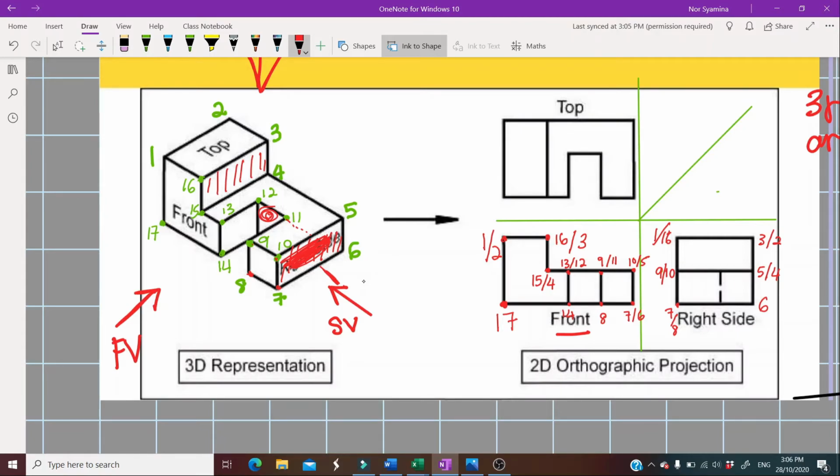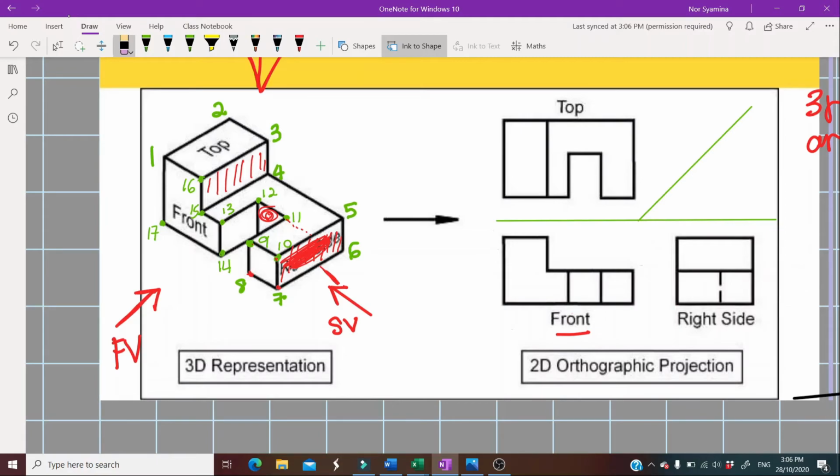So from here, from top. Okay. Let's say if you don't want to label each and everything, what we can do is we can project all the lines that are involved in one view to help us to draw the other view. Let's say I do not want to label any of this.